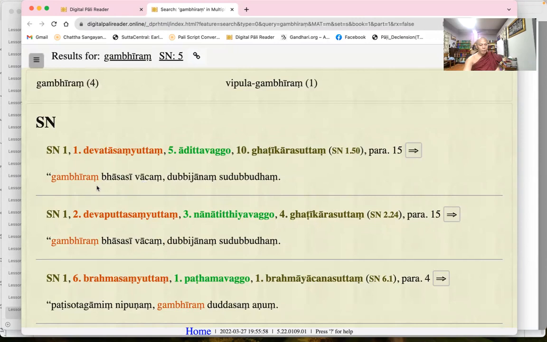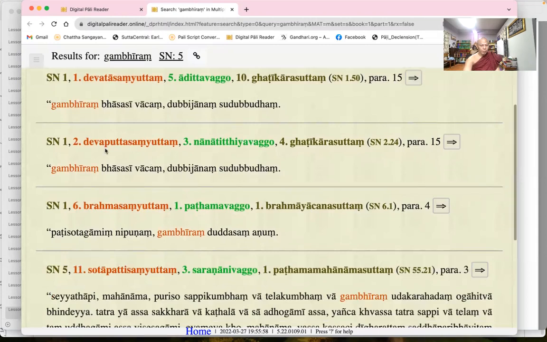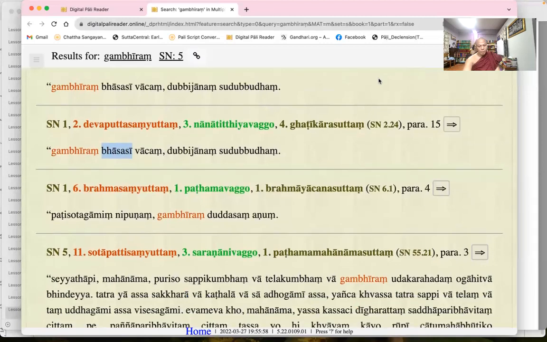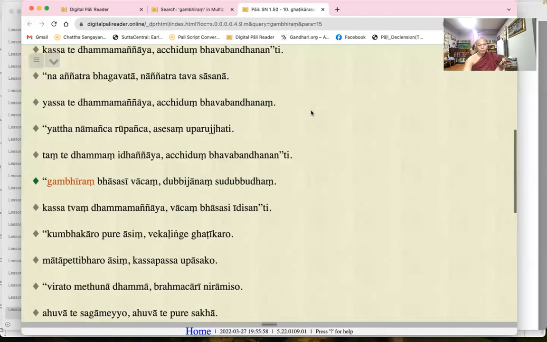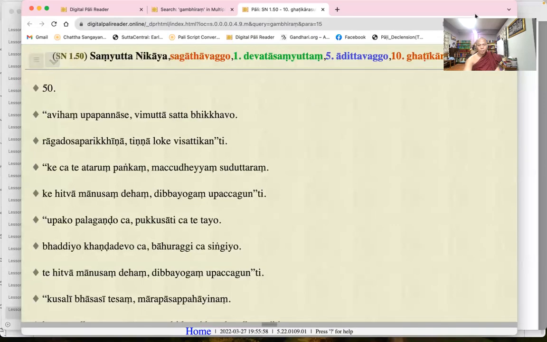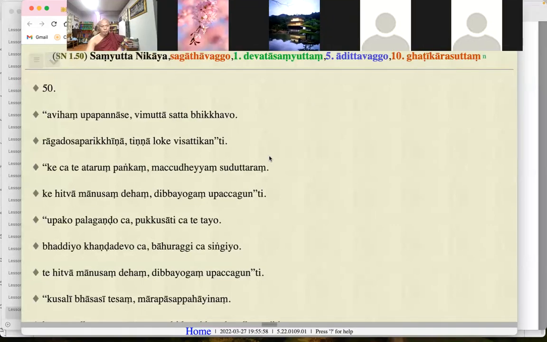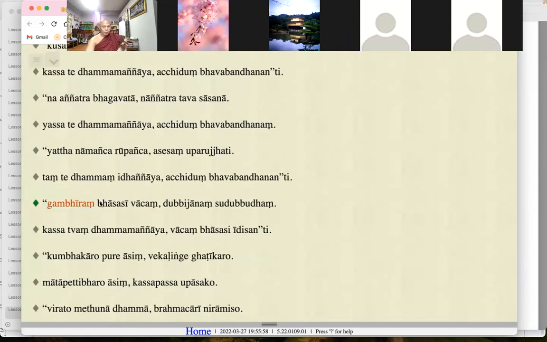Yeah, "bhasasi vacham". That is a stanza, you see, many times. "Gambhiram bhasasi vacham". So "bhasasi" is second person singular. "Gambhira sabda". Yeah, "Gambhira sabda". So "Gambhiram" versus "vacam".